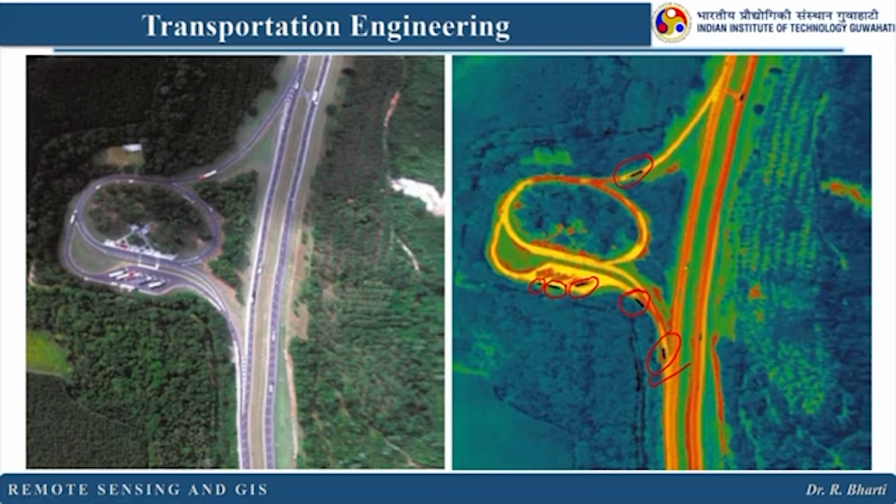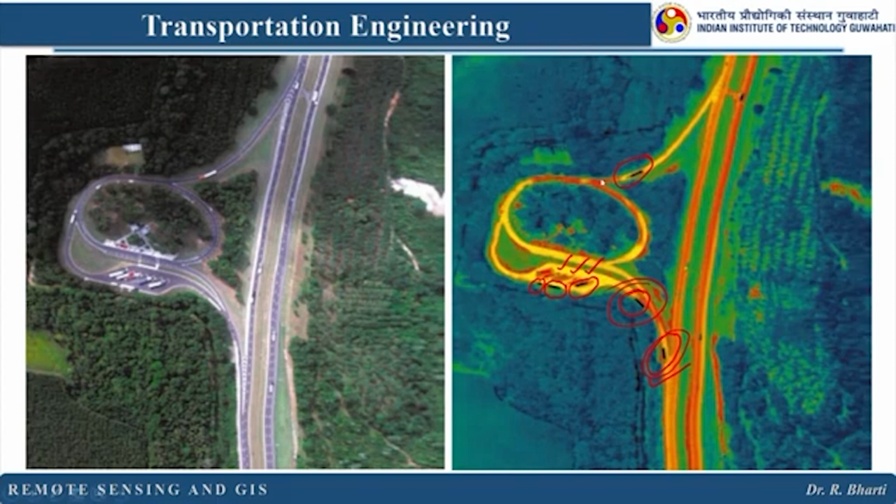The rest, if you can see, whichever is coming in red, because this is temperature data, the red color represents it is just parked and it may start soon and leave this place. But these dark color vehicles, it seems like they are parked here for a long time.